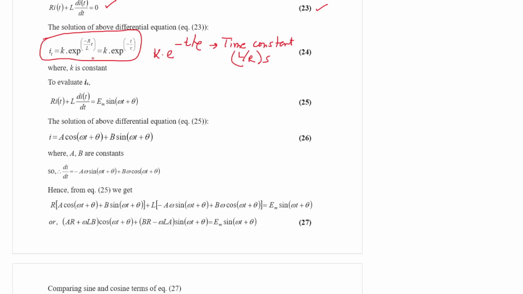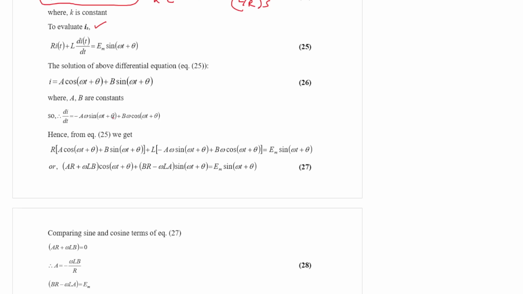Now let us solve for is, that is, the steady state solution of the current. In order to solve for the steady state solution, we write R is plus L d(is)/dt equal to Em sin(omega t plus theta), which is new. From equation 25, the rest of the derivations are new.